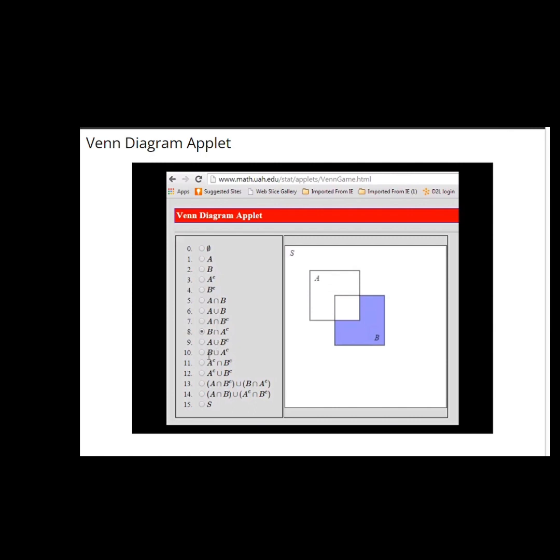What happens if we take the points which are outside of A and also outside of B? A complement intersect B complement. What relationship do you see between this set and the set A union B? Those two sets are apparently complements of one another.